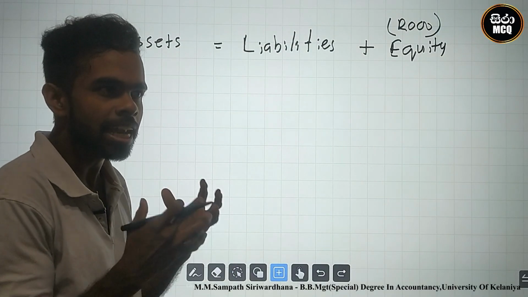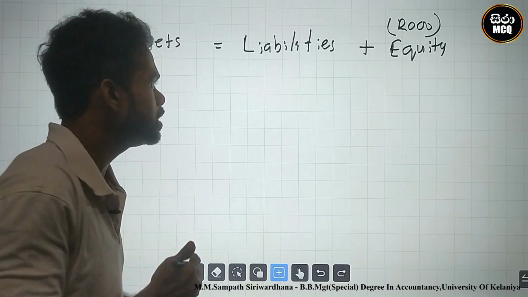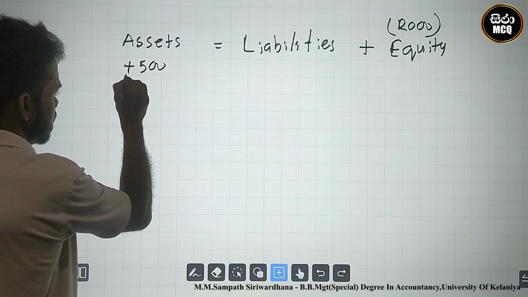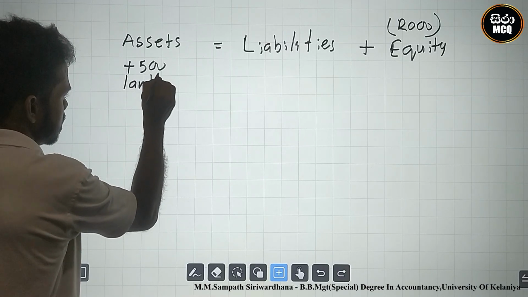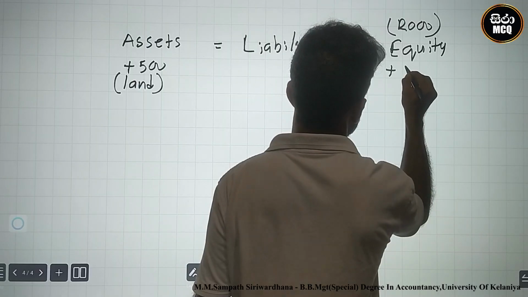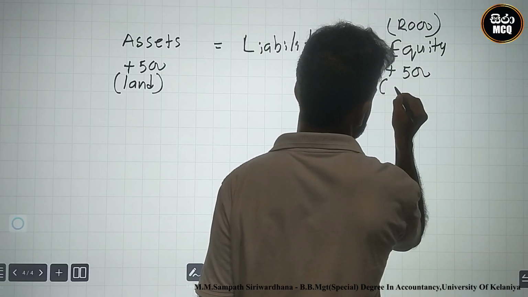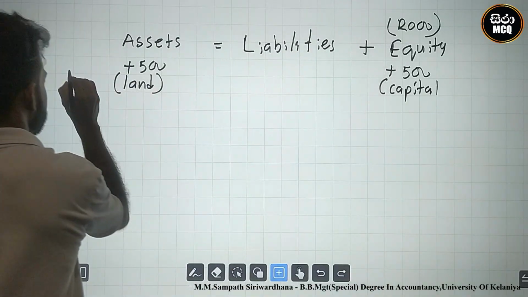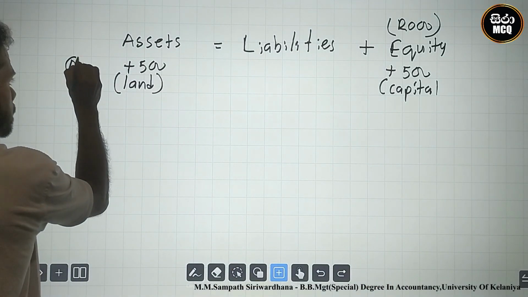What is the visible thing? Land, an inflow to the business. Therefore, 500,000 land plus asset, land, and equity plus capital. This is the first transaction, number A.